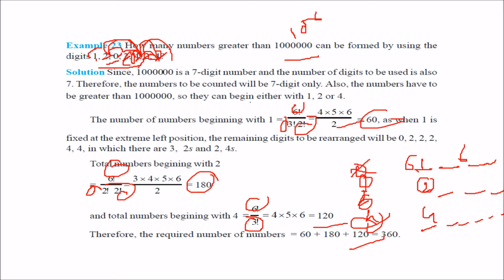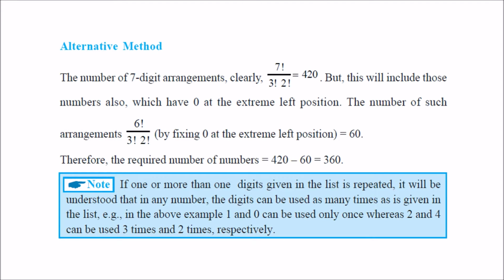The alternative is to find all the arrangements which are possible. That is 7 positions, factorial 7, and these are the number of 2's and these are the number of 4's, so factorial 3 by factorial 2. But here we have also counted the 0 which may be in the first position.